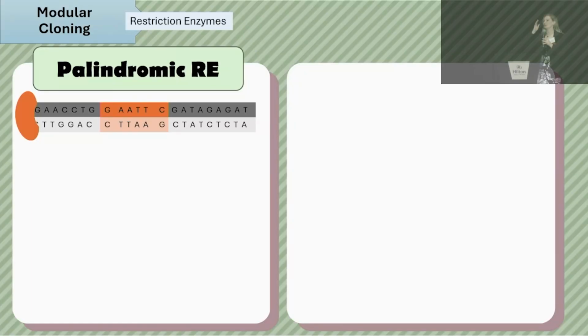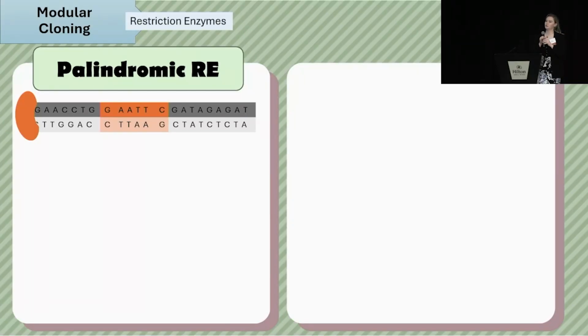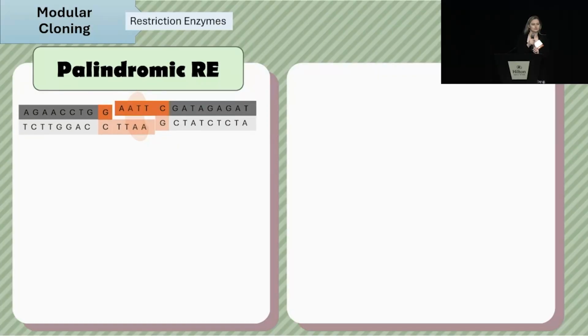So the way that modular cloning systems work is that they'll use enzymes. Now, we talked about enzymes in my last presentation, where you have restriction enzymes that are often palindromic. These mean that they will cut at the recognition site. Here's an example with EcoR1.